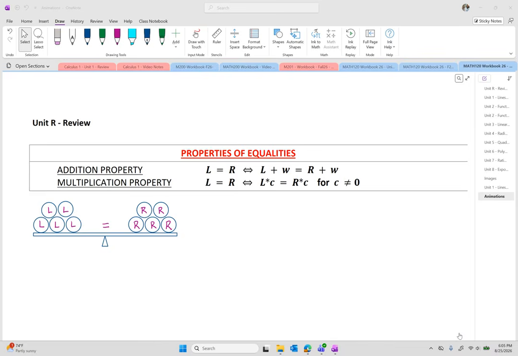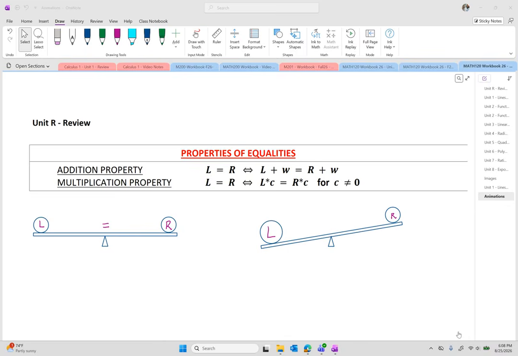Now, the concept with the multiplication property, though, is that the number you are multiplying by cannot equal 0. I could have a situation where the two sides are not equal to each other, so the left is greater than the right in this example, and the seesaw does not balance. But when you multiply a quantity by 0, 0 absorbs the quantity.